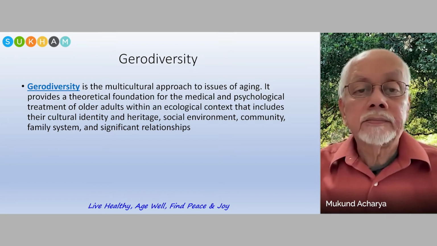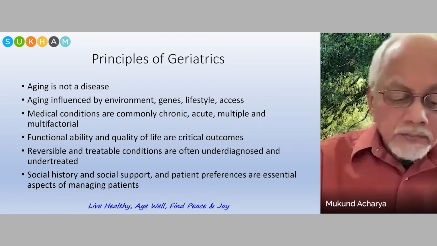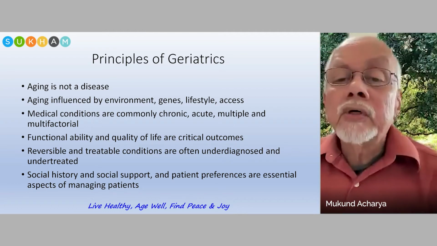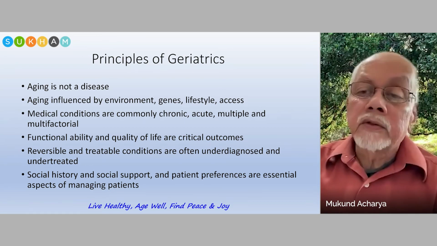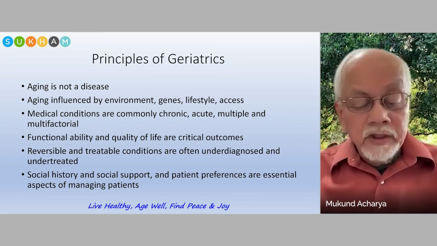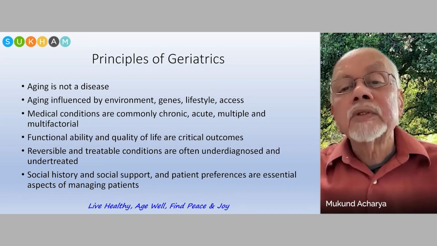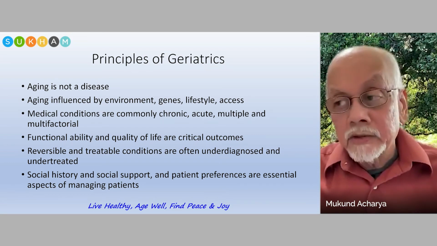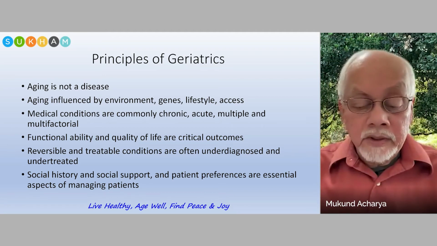So the science of gerodiversity is going to become increasingly important in a globalized world such as ours. Okay, I'm going to spend a little bit of time now talking about a few issues of growing older, and these can be listed in about 8 or 10 principles of geriatrics that were developed by a hospital system in Atlanta.